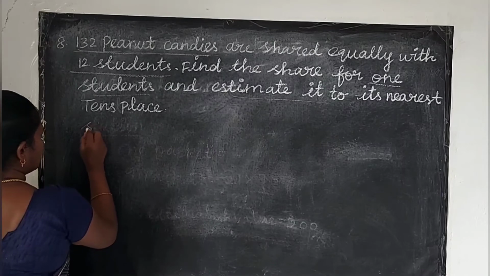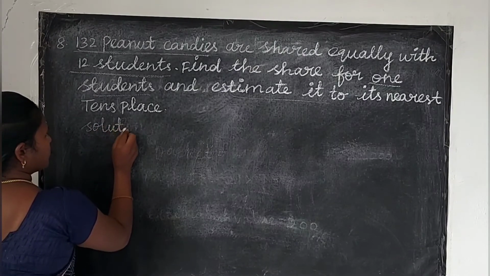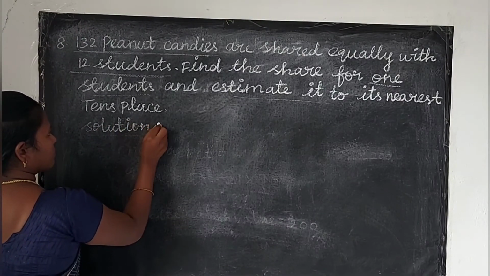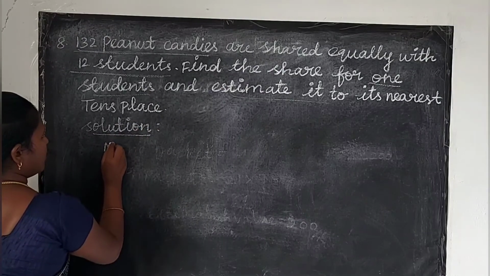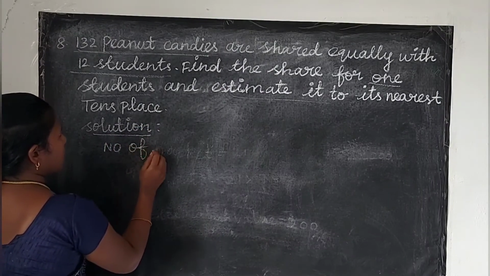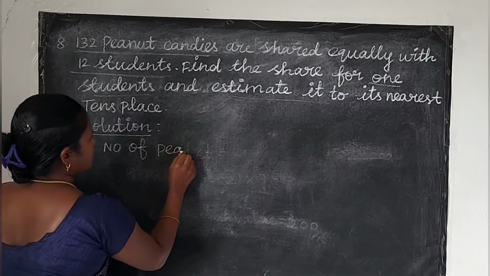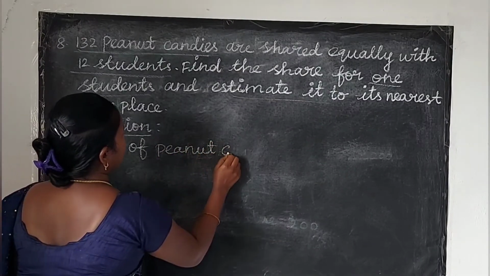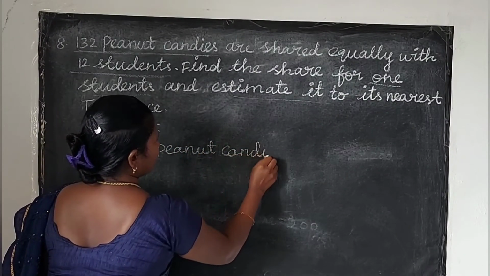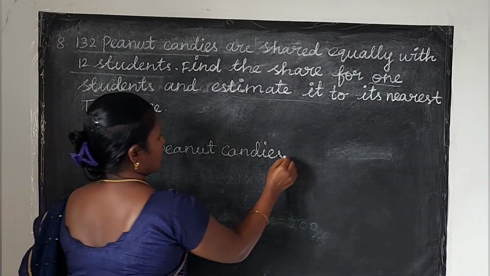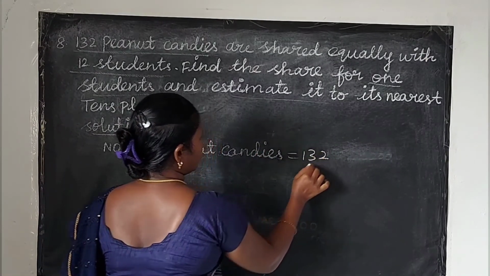So first write the solution. First, number of peanut candies is equal to 132.